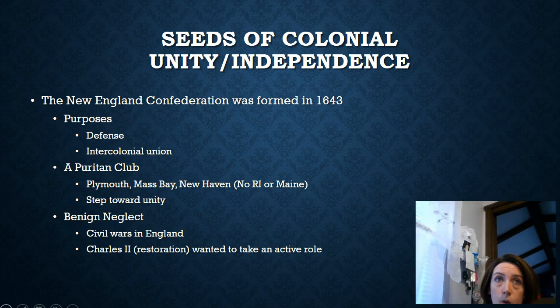So there's nothing really holding them in common, except for this New England Confederation, because the only colonies that joined it were Puritans. So Plymouth, Massachusetts Bay, New Haven, which will be Connecticut. There's no Rhode Island. There's no Maine. There's no colony that doesn't fit the ideal Puritan society. So it's a step toward unity just to defend against Native Americans, not much else.